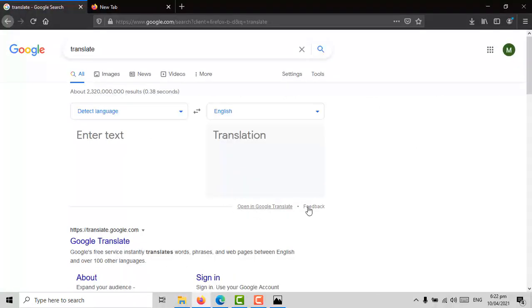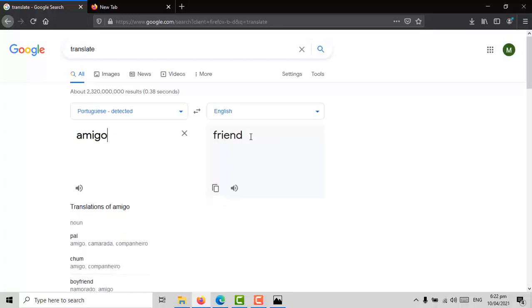This is a translation program that detects the language and then translates it into English. So let's write a word, let's say in Spanish, amigo. It detected that this language is Portuguese, and in English it means friend. See?